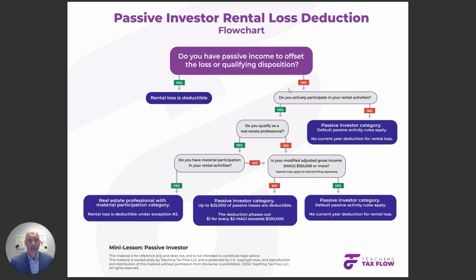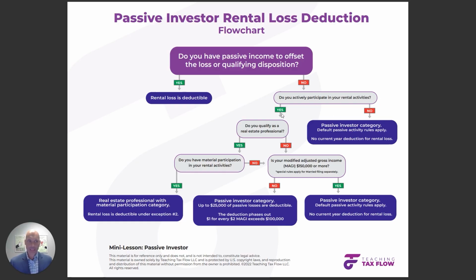Follow my cursor. Do you have passive income to offset the losses or a qualifying distribution? If that's a no, so you have passive losses, you don't have passive income, you don't have that PIG, another TTF mini lesson, then do you actively participate in your rental activities? If the answer is no, then you are in the passive investor category and you're just going to have those passive activity losses. We're going to look at that in a second.